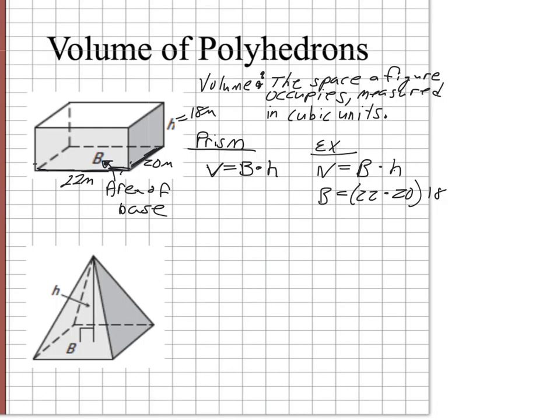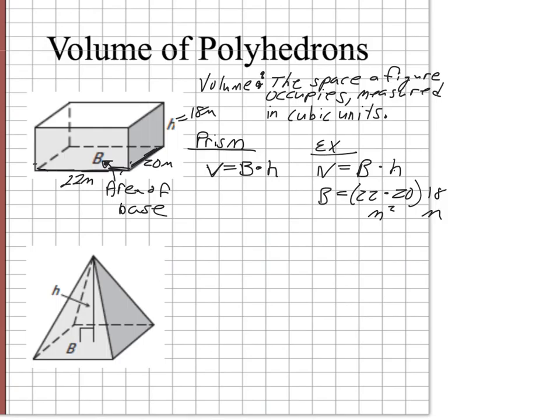This 22 times 20, those are each in meters, so the result of that is going to be meters squared. Meters times meters is meters squared, and 18 is in meters.